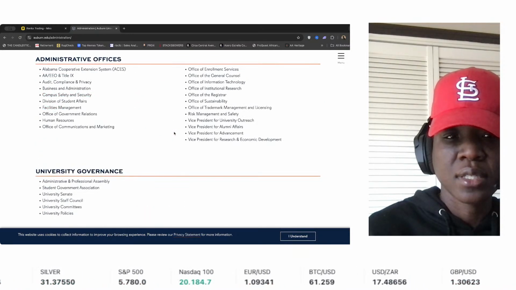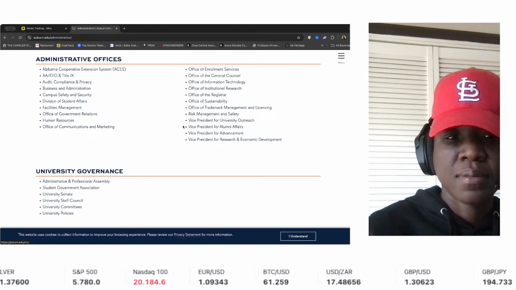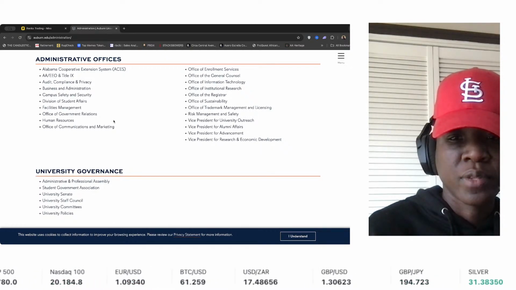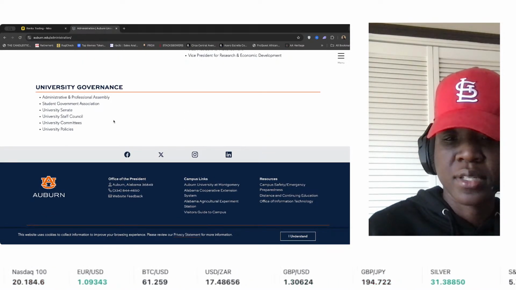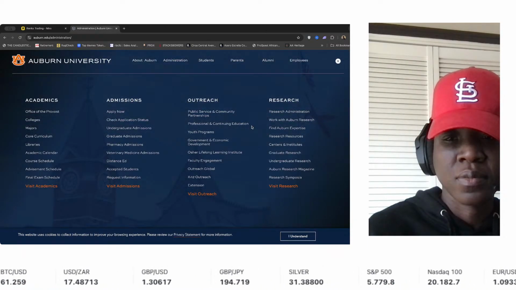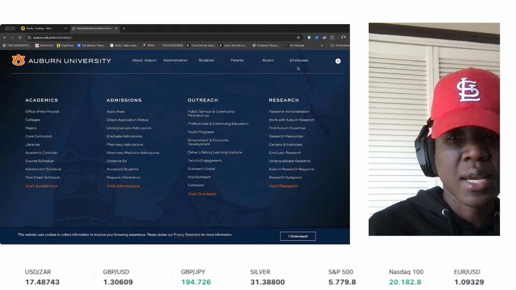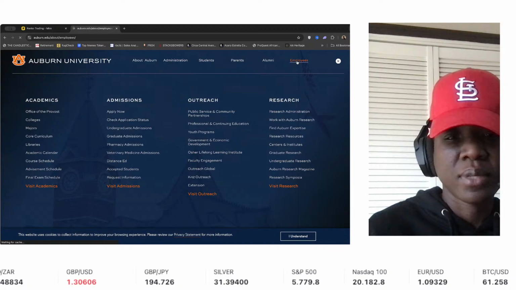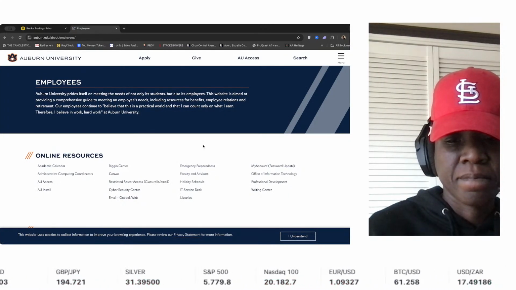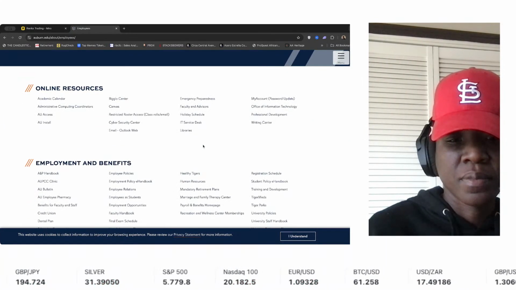Oh, these are colleges and deans. Faculty. Boy, I haven't been on this site in years. How do you find faculty? I guess employees. No, this seems like it'll be for them to log in. It seems like a login for them.